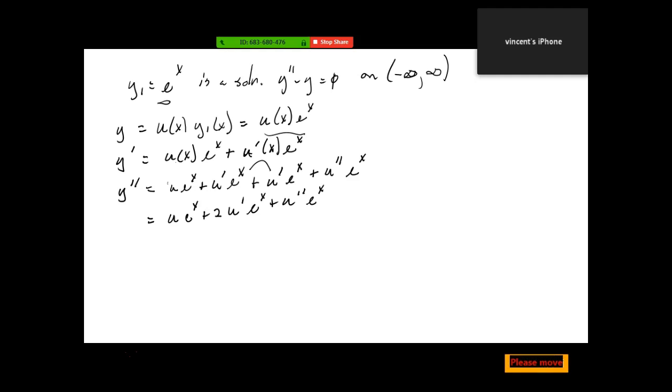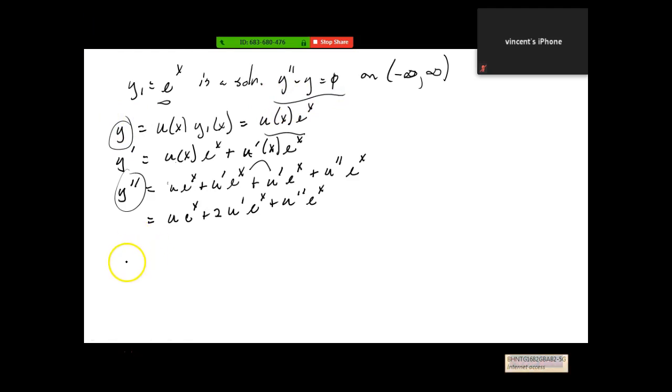Now, okay, we're going to plug in what we know here and here. This is y double prime, this is y. Plug that into our differential equation.